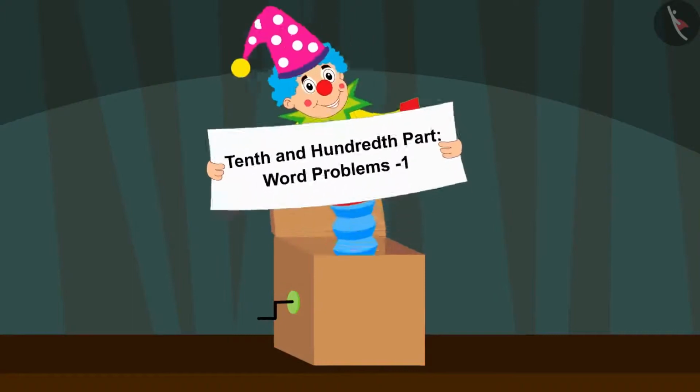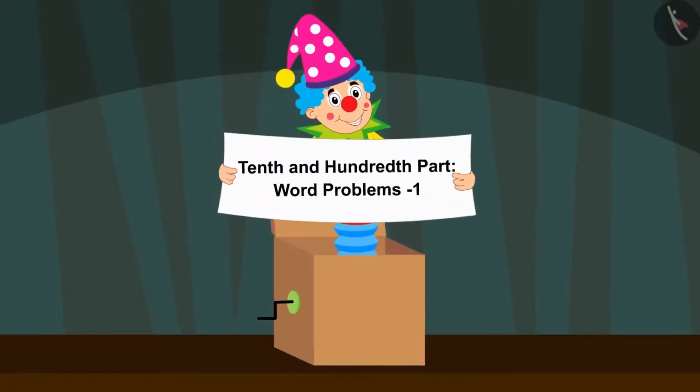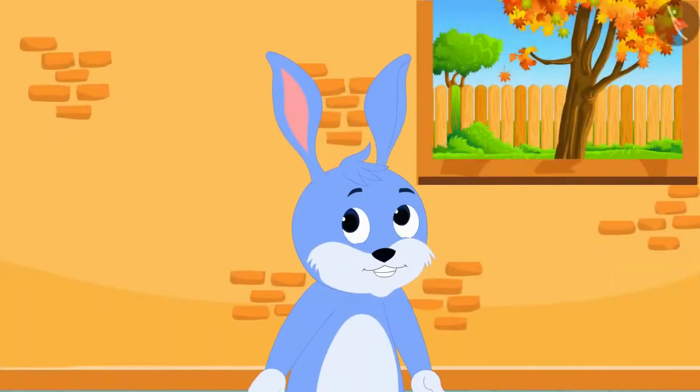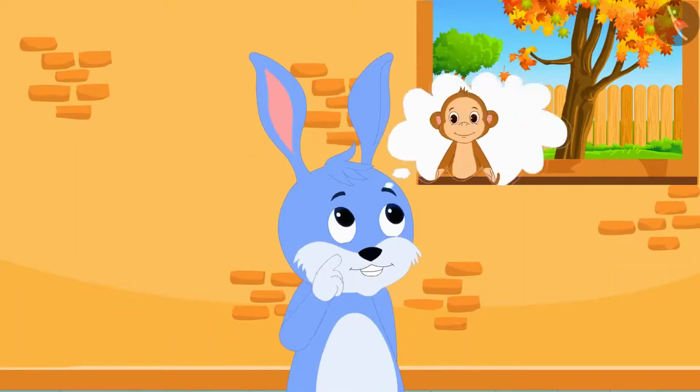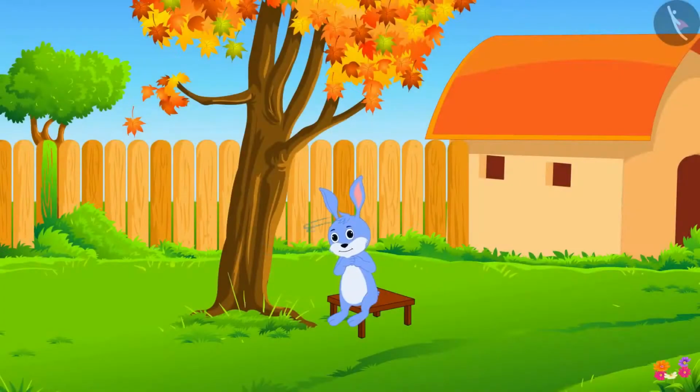Hello children, in this video we will learn to solve some interesting word problems related to the 10th and 100th part. Bunny is thinking that he will go for a vacation for some days with Babban. The winters in Champapur are getting very cold.